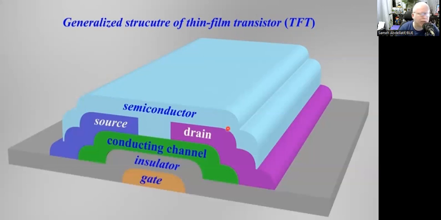Realistically, this is not the only topology. We have different topologies for these thin film transistors based on the arrangement of the gate, the source, and the drain. So, for example, these are the four most famous topologies.